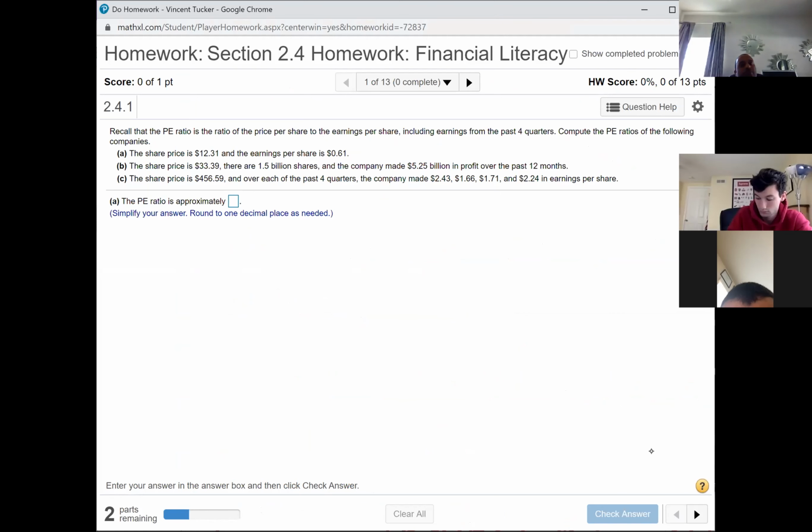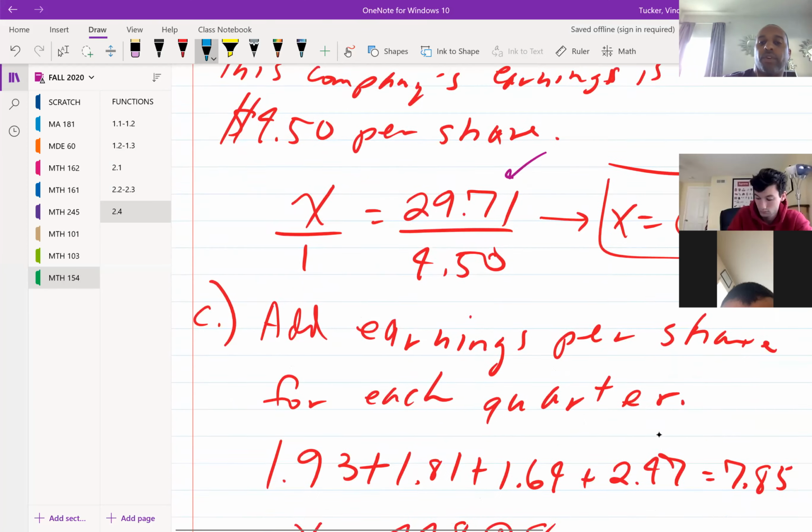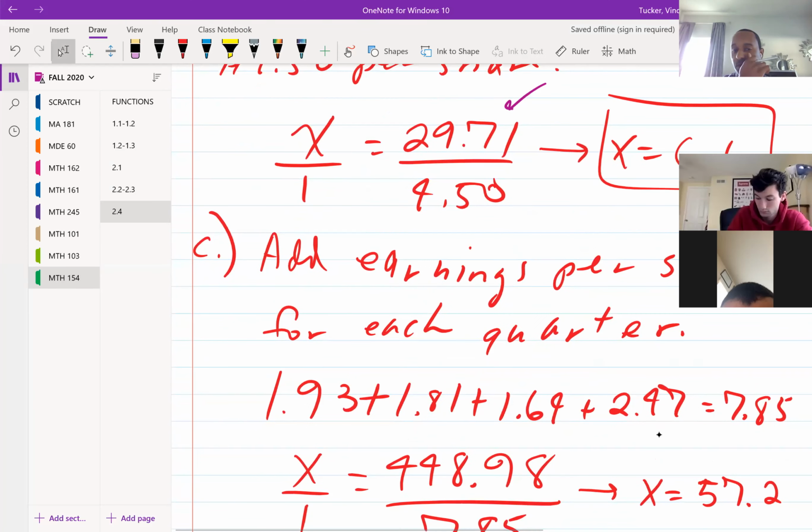All right, the next one says the share price is $456.59. And over each of the past 4 quarters, the company made $2.43, $1.66, $1.71, and $2.24 in earnings per share. So in this one, the first thing we'll do is add all of your earnings per share for each quarter.